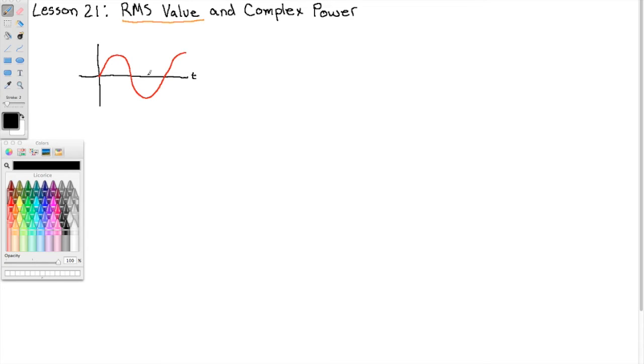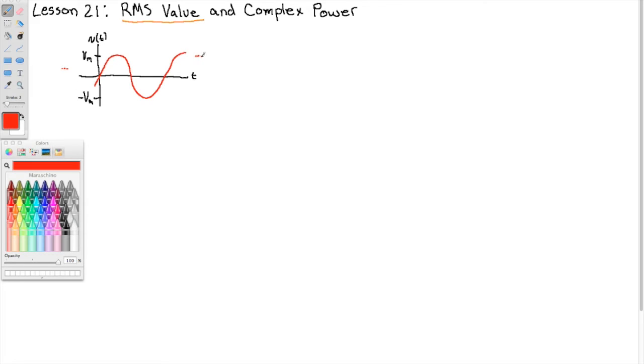Okay, and we'll call this x of t or whatever. But what's the average value? Okay, let's call this v of t. Let's say that's the voltage. Well, what's the average value of this waveform? It has an amplitude of, let's say, Vm, and minus Vm. What's the average value of this thing?